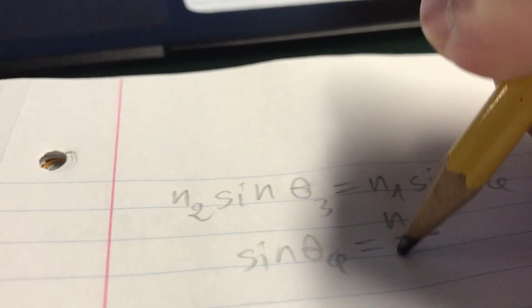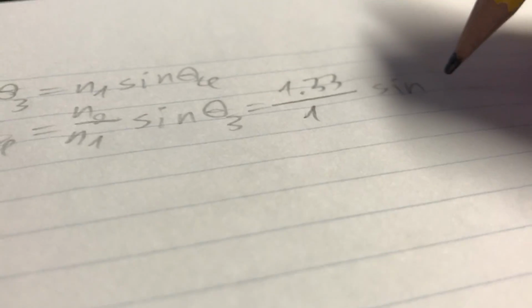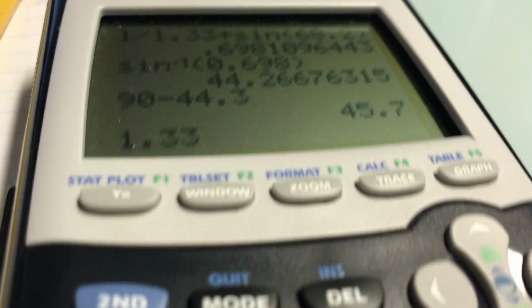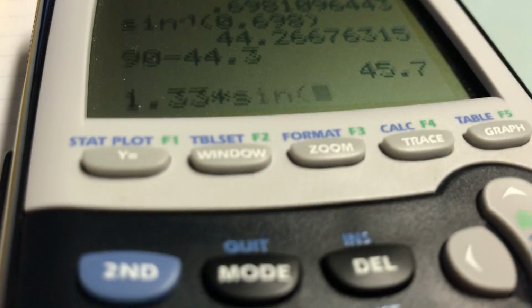That means sine of theta 4 is equal to n2 over n1 times sine theta 3. n2 is 1.33, while n1 is 1. And theta 3 is 45.7 degrees. 1.33 divided by 1 is just the same, so I will skip that one.